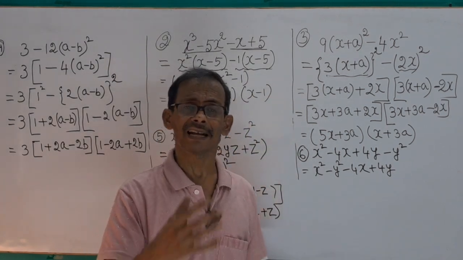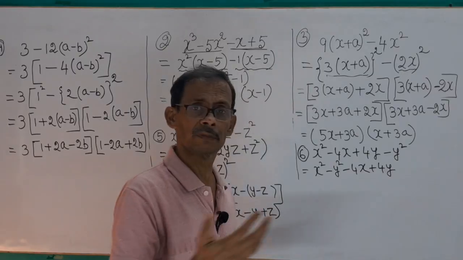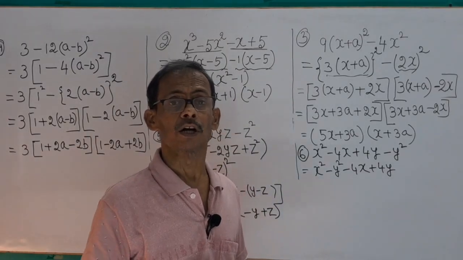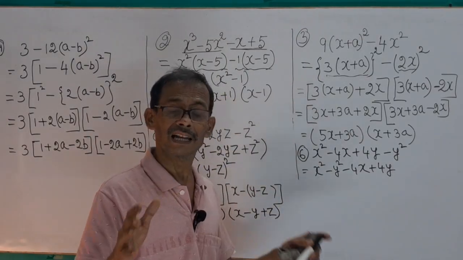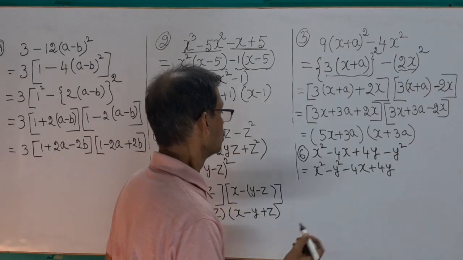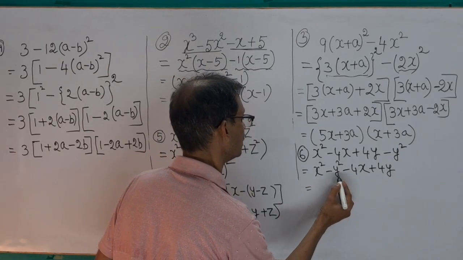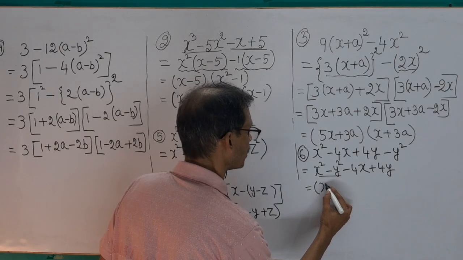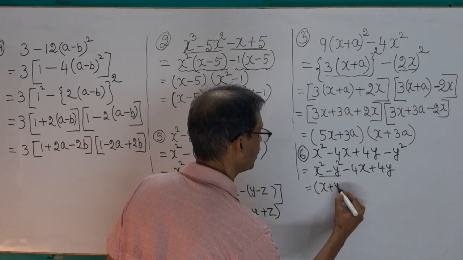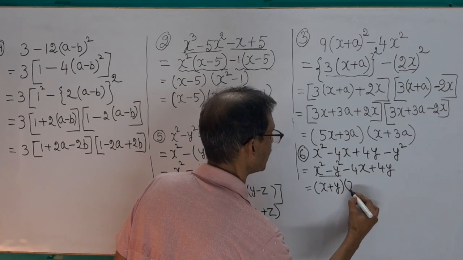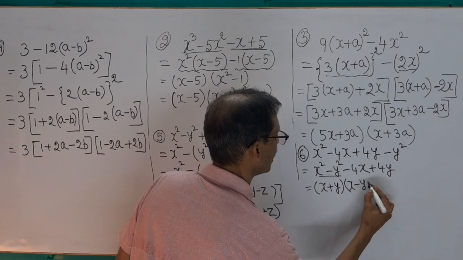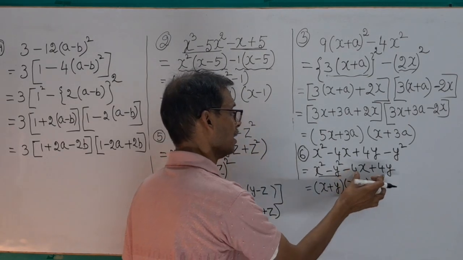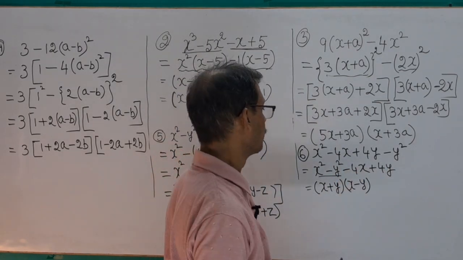We rearranged the terms, and this is the commutative property and you are allowed to do that. So now if you see x square minus y square, you can apply the formula x plus y into x minus y. Fine? And here minus 4x plus 4y.